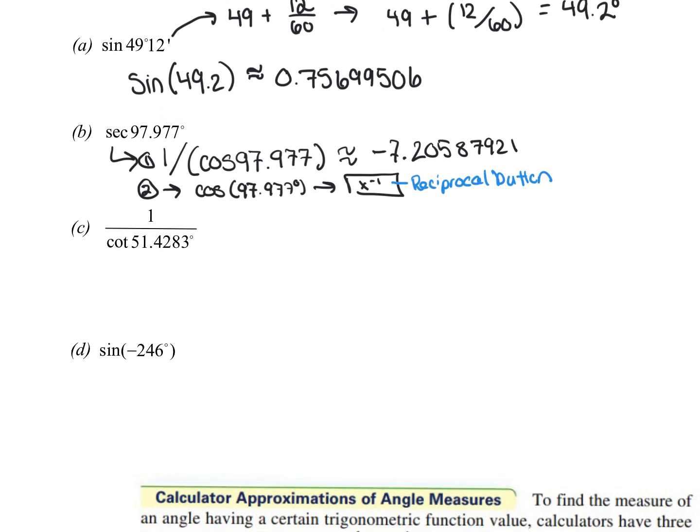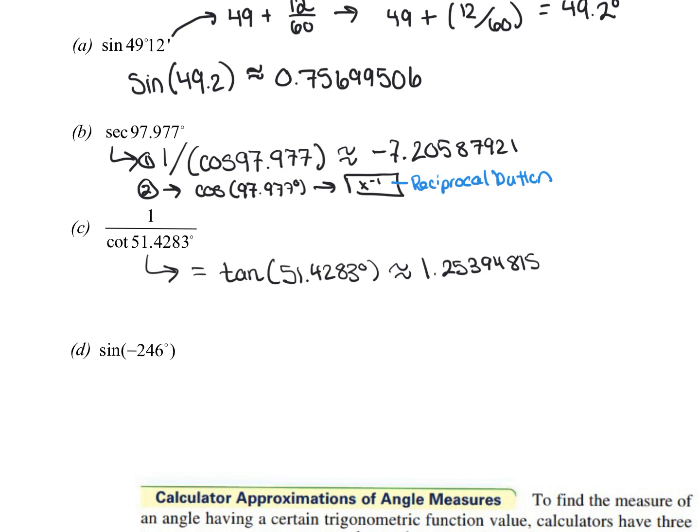The next one looks scary, but if you remember that 1 over cotangent is actually equal to tangent, because tangent is cotangent's reciprocal, you can just type tangent of 51.4283 degrees, and you should get approximately 1.253948115.